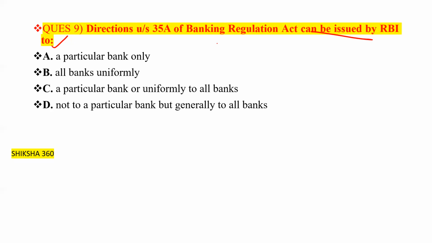Such directions can be issued by the RBI either to a particular bank only or uniformly to all banks. Sometimes there is a sanction on a specific bank, so that applies to a particular bank.